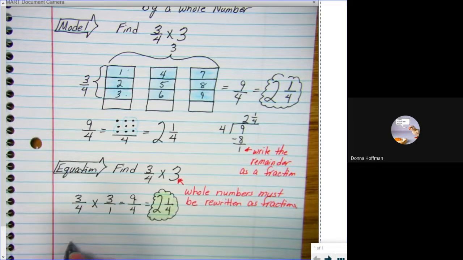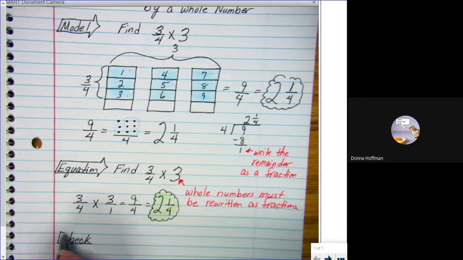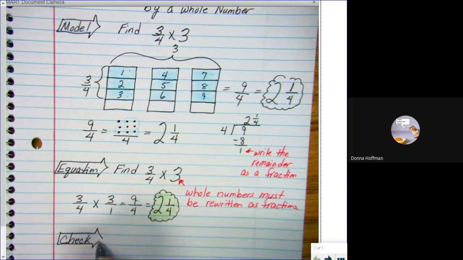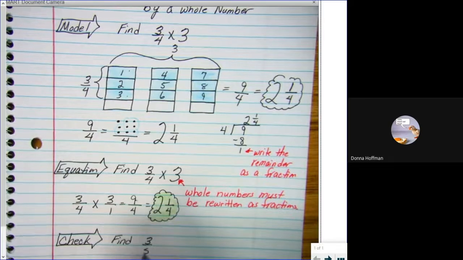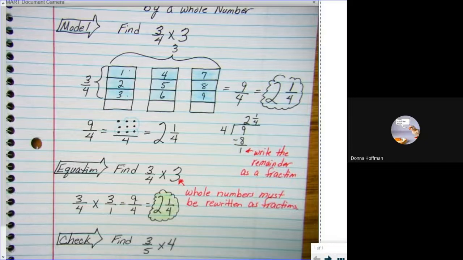Here's a check. It's also found on page 35. The check wants you to find 3/5 of 4. So we're going to use the equation method.